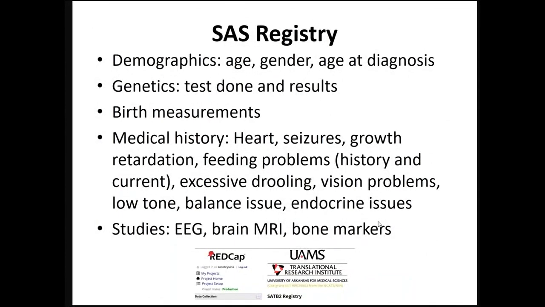So it's not a one-way street as far as sharing the information. As we compile the data for our papers, I route them to the foundation and they make them available to you. But it is very helpful to participate, so I will encourage you to do so if you haven't.